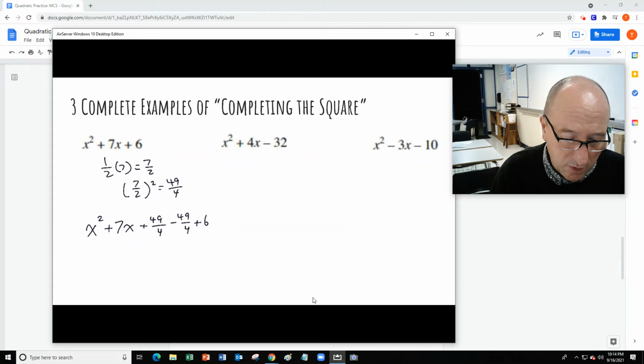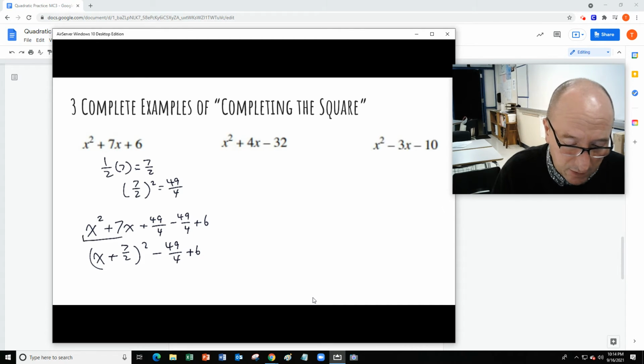Now, this is going to be a perfect square on the left-hand side. It's going to be x plus 7 over 2 squared, minus 49 over 4 plus 6.